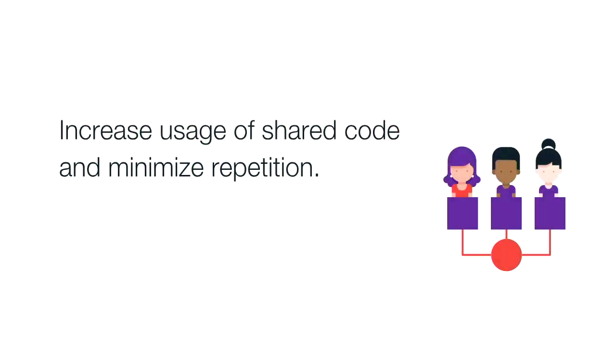Additionally, you want to increase the usage of shared code and minimize repetition. Now, you might think, how is that related to head dependency? So first, if I can just use all of the organization's code without worrying about, OK, do I have access to that feature? Do I need to upgrade maybe? This is just accessible to me, then I'm more likely to use it.